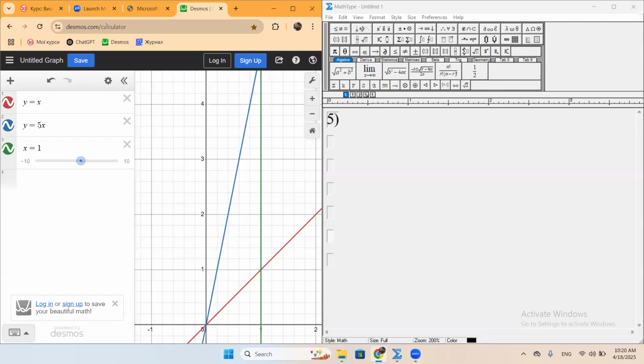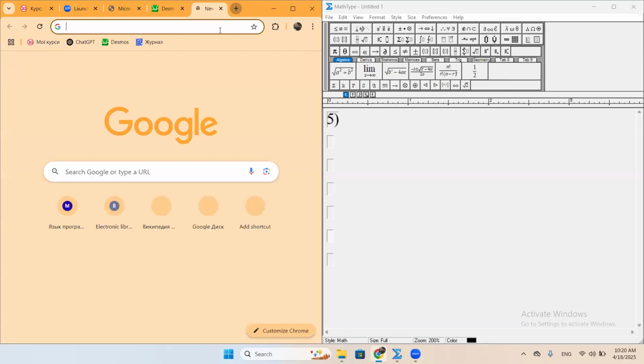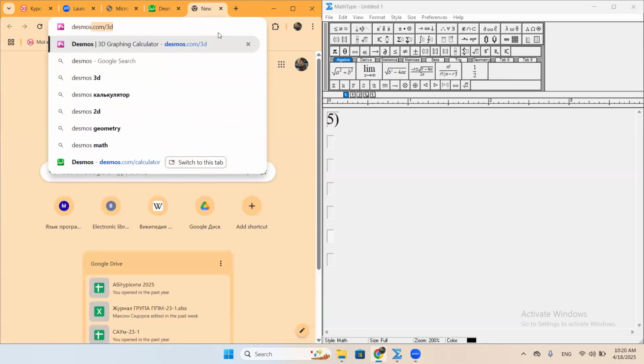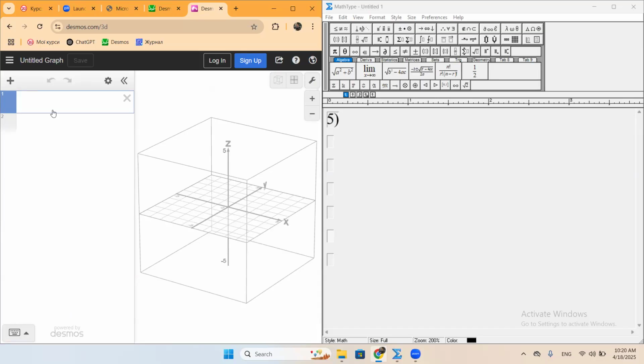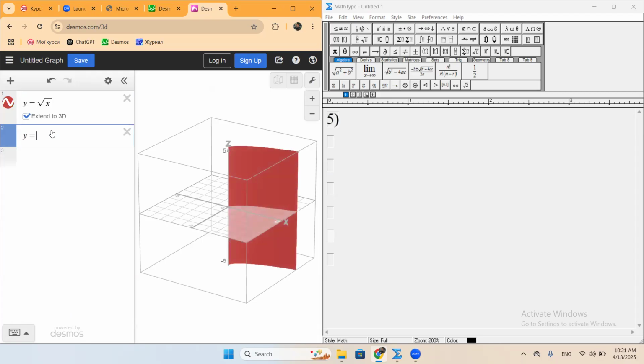Yeah, let's move to Desmos 3D. So we have the following cylinders. So y equals square root of x, and y equals 2 square root of x.